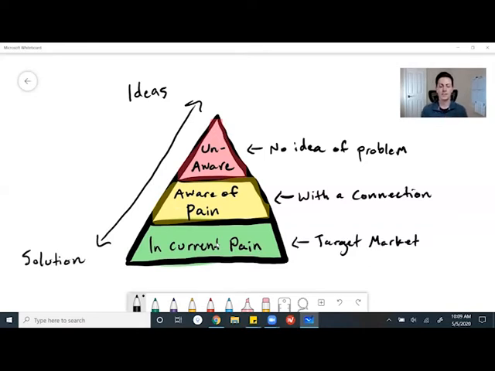And if that's the case, you don't need to keep your app a secret, because people know about the problem. People know it needs a solution. They're aware of the pain points. They're experiencing them. They've tried other solutions before. Other solutions probably exist in some way, but yours is different. It solves different pain points. You don't need to keep something like that a secret because it's not a secret.